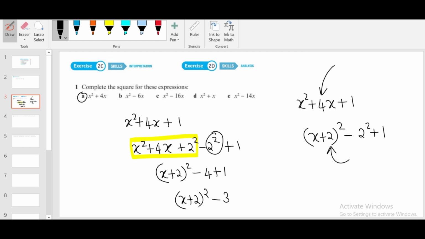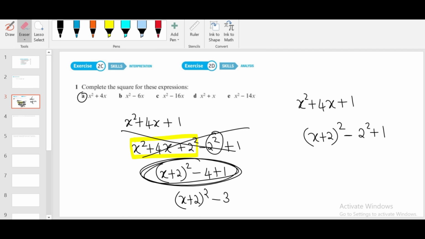So you are basically writing this step, skipping this actually. It's not going to make much difference, right? Some students think this step is confusing, so you can do this also. Straight away you can write x plus 2 whole square minus 4 plus 1 is minus 3. That's all. That's type 1.